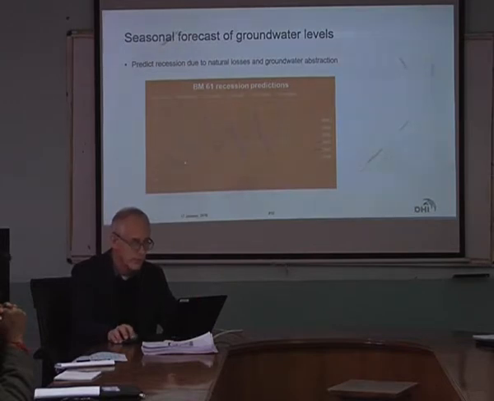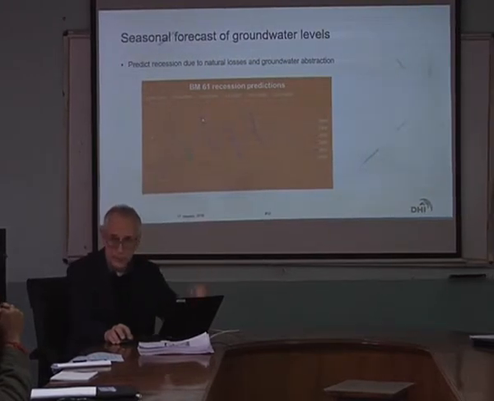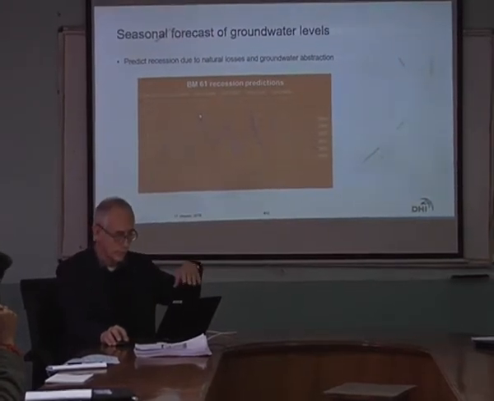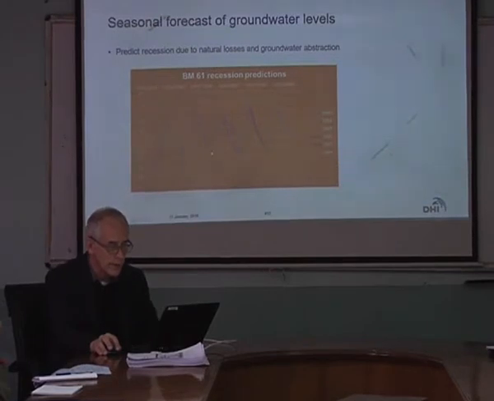One was a relatively simple one, which is just predicting the recession of the groundwater level. So if by the end of the monsoon they measure that in this particular area, the groundwater is about 2 meters below ground level, so we have water there, how will that recede? That will, of course, be partly a function of how much water they will be extracting, so the estimates of how much they are taking.